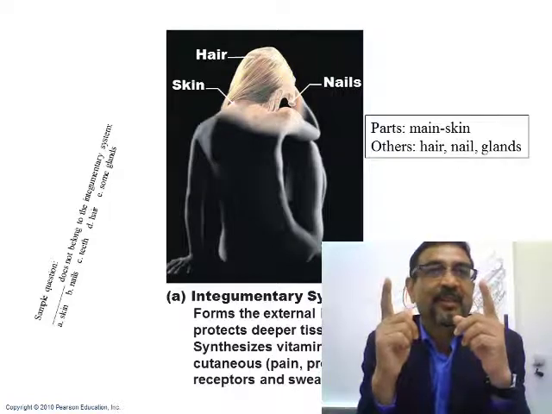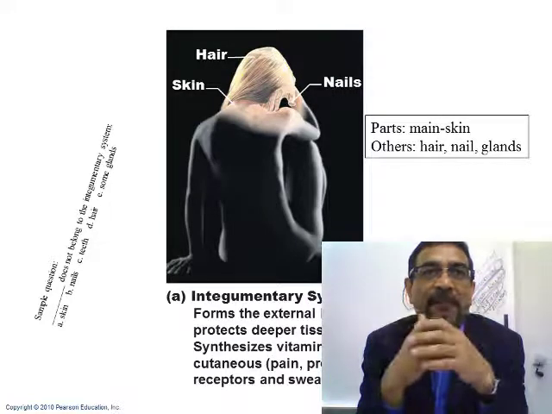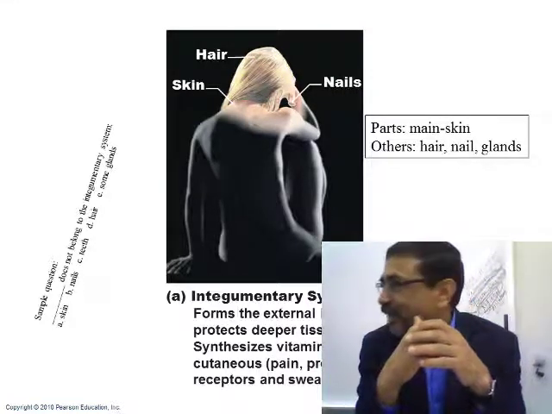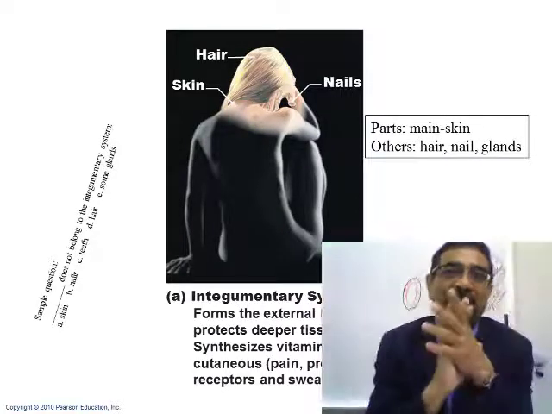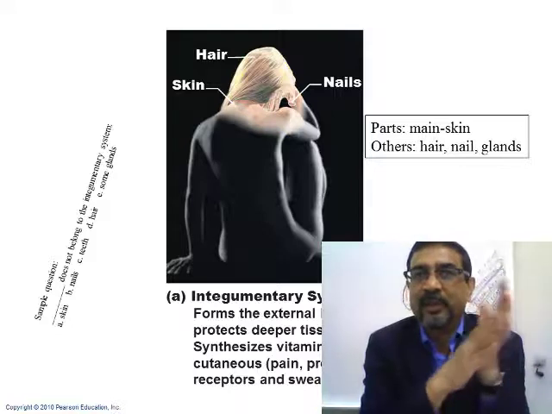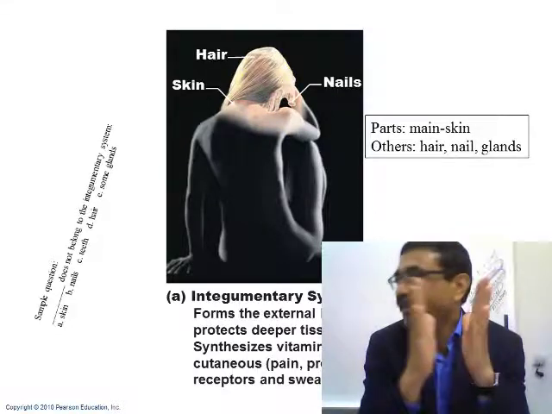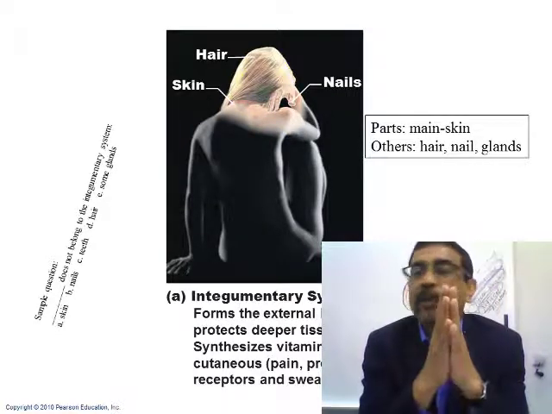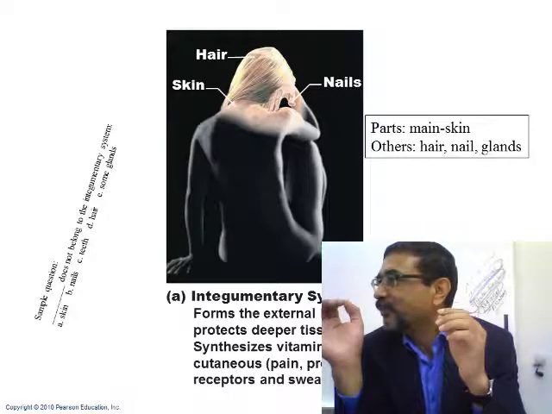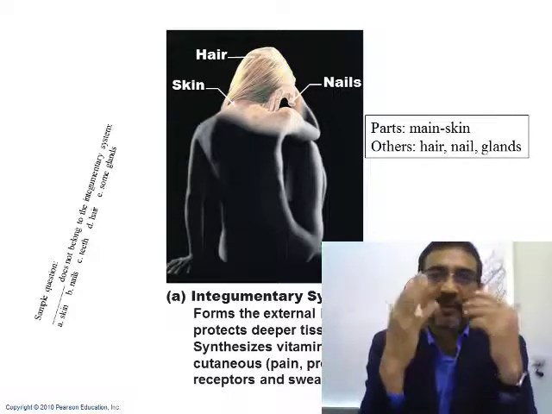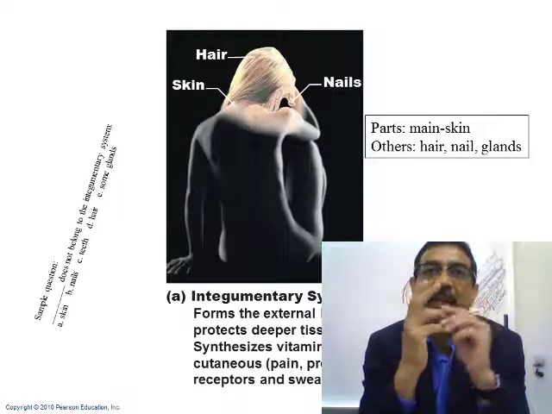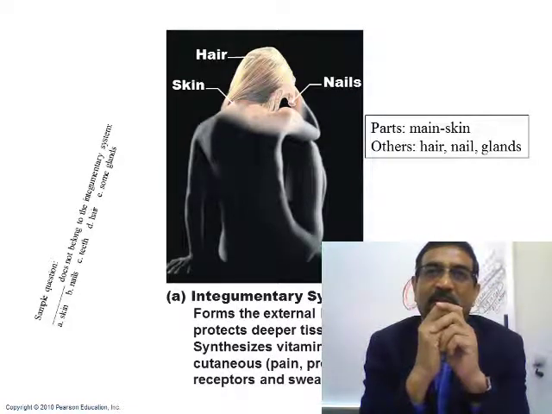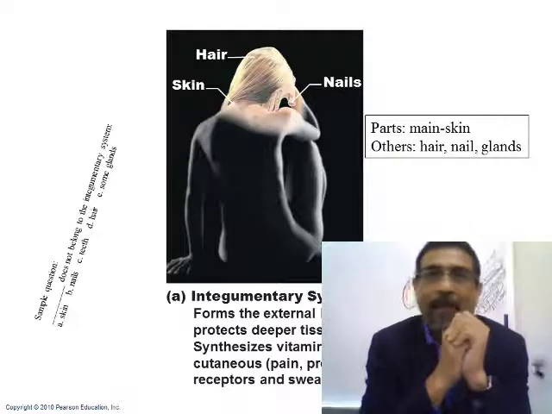Have you heard sweat gland? Sebaceous gland, right? So those are the glands of the skin. So only those glands belong to the integumentary system. Make sense? Okay. So which one is the main organ? Skin, that covers the whole body, you know that. Accessory organs are hair, nail, and sweat and sebaceous glands.